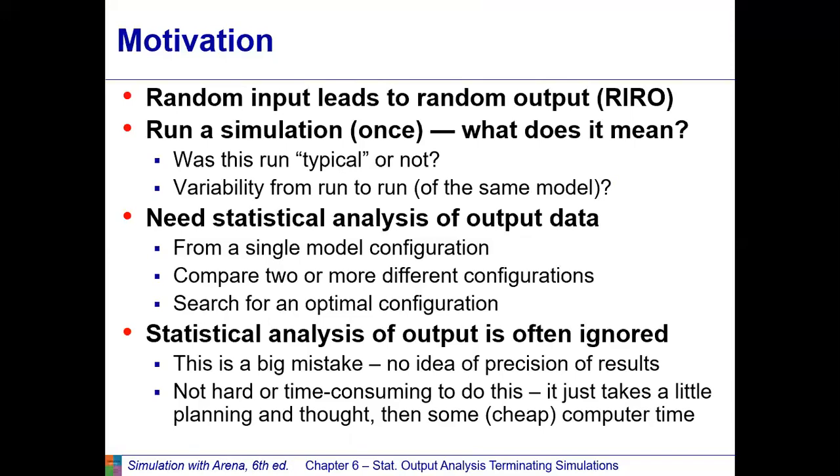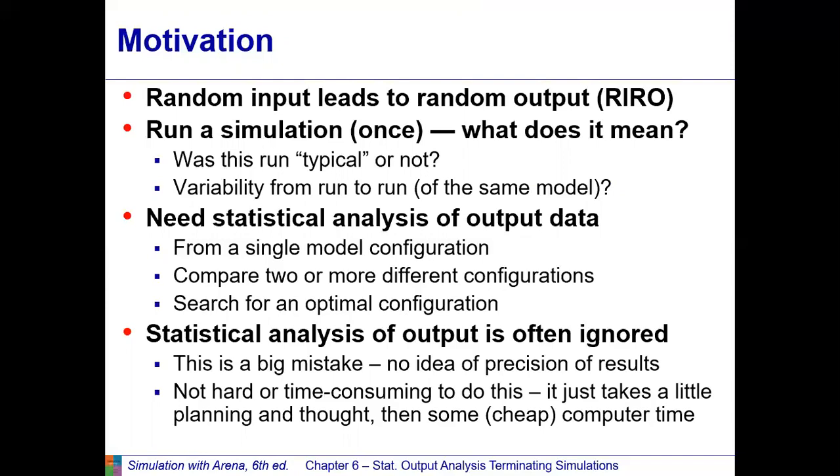However, we can apply statistics and conclude whether the result that Arena is giving us, based on the logic we expressed about the system as well as the input we gave, is valid or not.